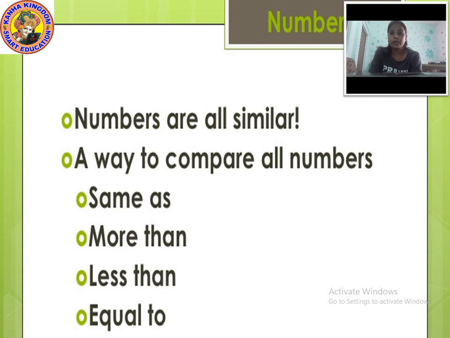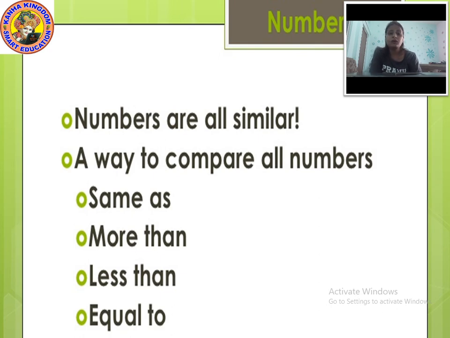Now we are going to compare more than, less than and equal to in the numbers. We will compare numbers, to see which number is more, which number is less and which number is equal to.